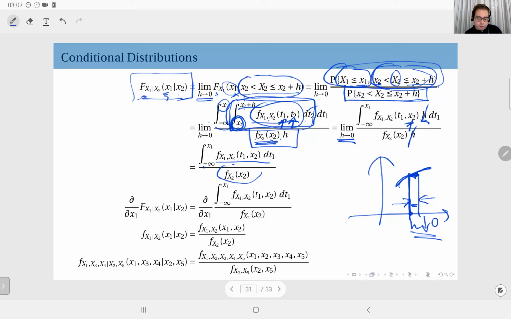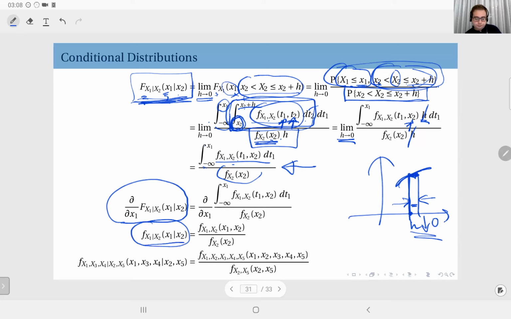So to obtain the conditional PDF, by definition, this is the derivative of the conditional CDF. Therefore, I have computed an expression for the conditional CDF, which is here. If I differentiate it with respect to x1, I will obtain the conditional PDF.